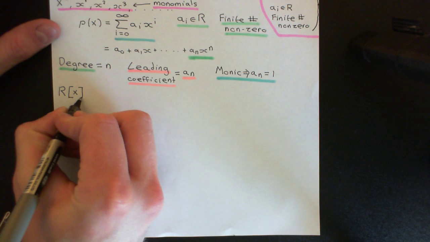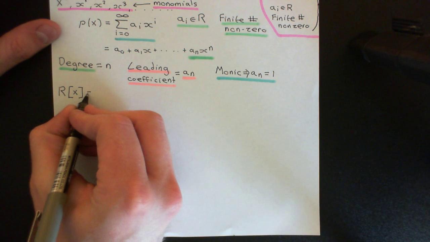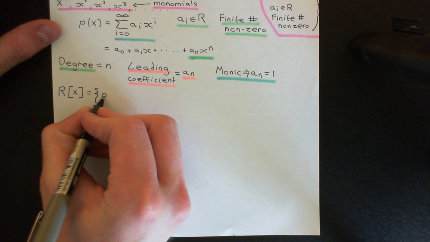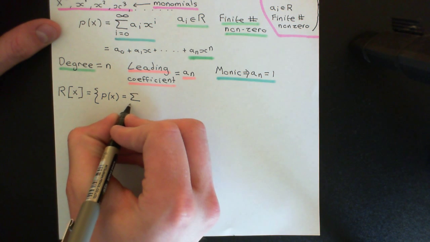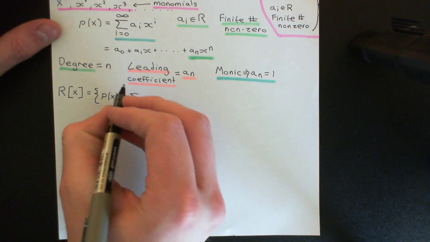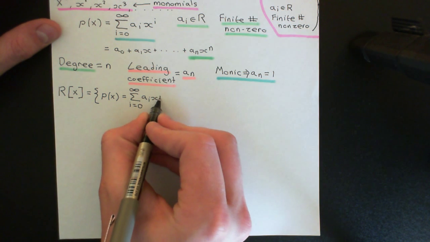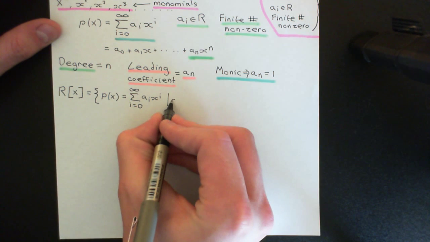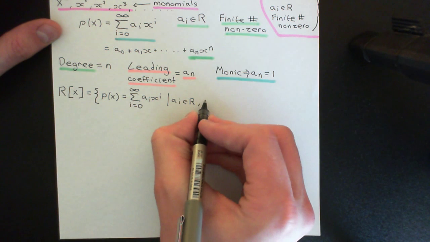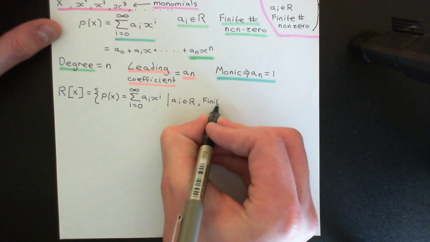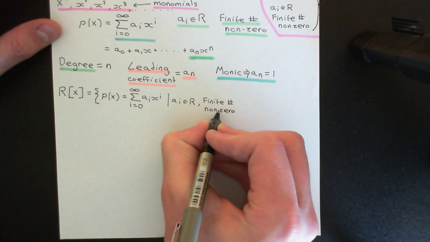So our ring is to be the polynomial ring in the indeterminate x over the ring R. At the moment it's just a set of symbols, and it's the set that contains all these polynomials p of x, which look like sums, but remember they are just symbols: the sum from i equals 0 to infinity of a_i x^i, where all the a_i's are from the ring R, and only a finite number of them are non-zero. So there is our set of symbols.